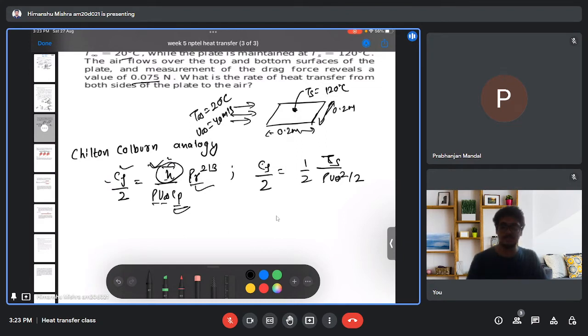This is a relation we are aware of from the fluid mechanics course, that if you need to find the drag on the surface, we use this relationship.